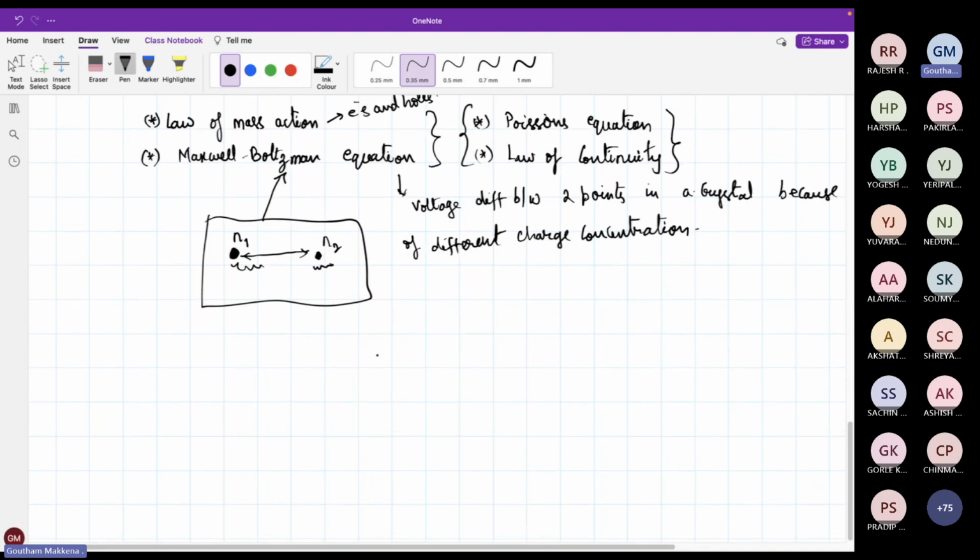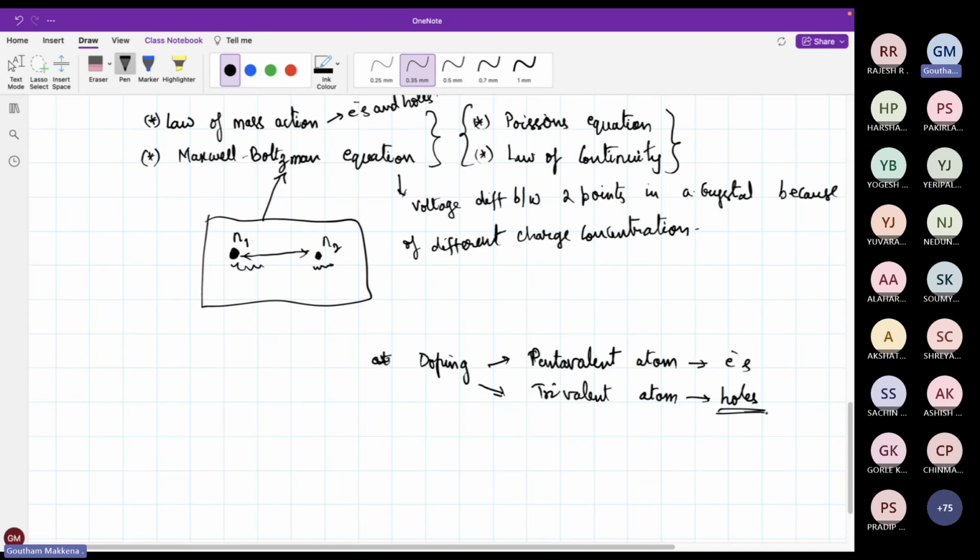Because we introduced atoms, what we call doping, if we introduce the pentavalent atom, we get more electrons. Similarly, if we do the same doping with a trivalent atom, we get more holes.